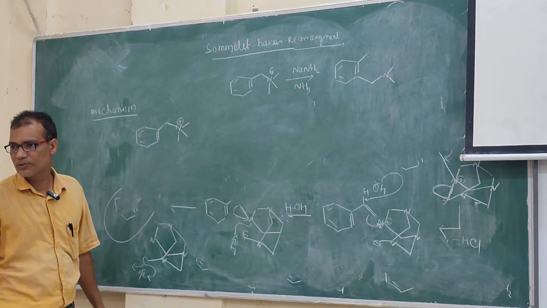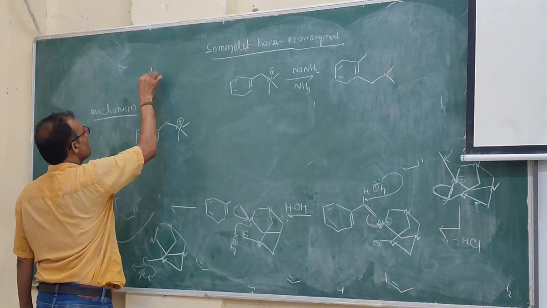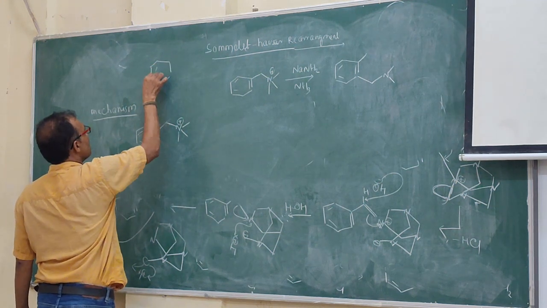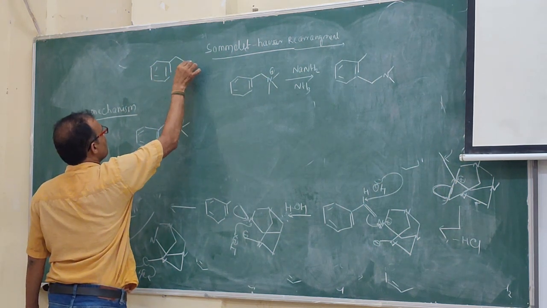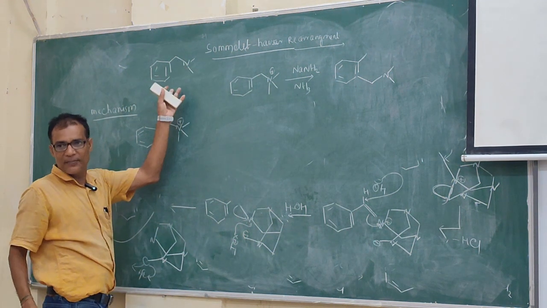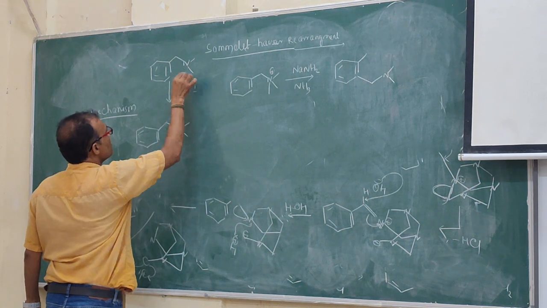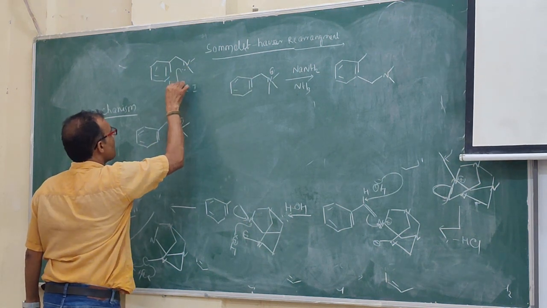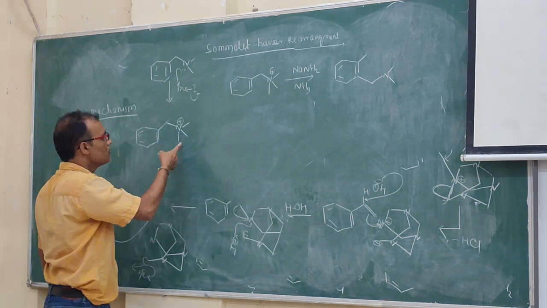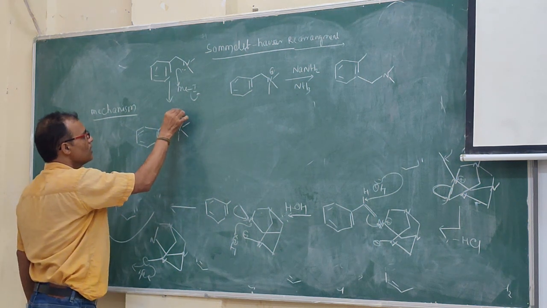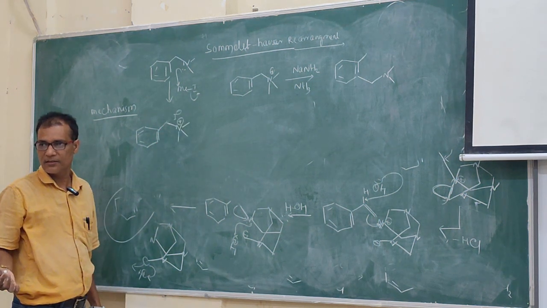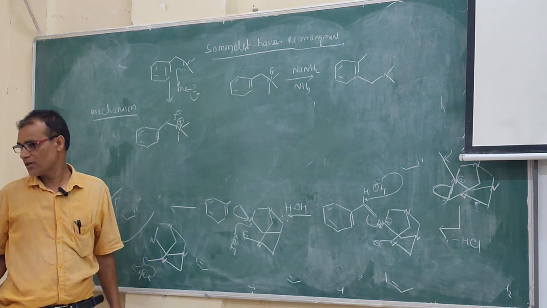First you start with N,N-dimethylbenzylamine. So you add methyl iodide. You have a lone pair of electrons that will attack here. So this iodine will go out. You will get this. That means the counter ion is I minus. You have to first prepare it, no? Okay.